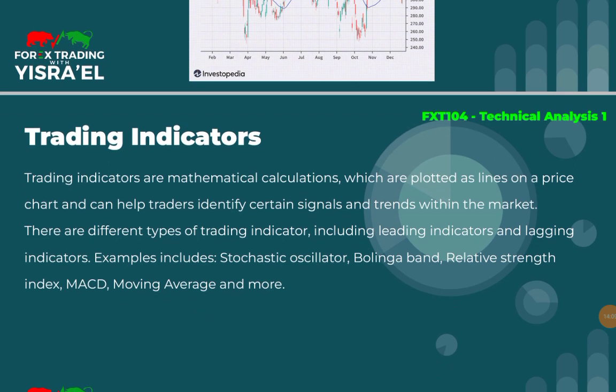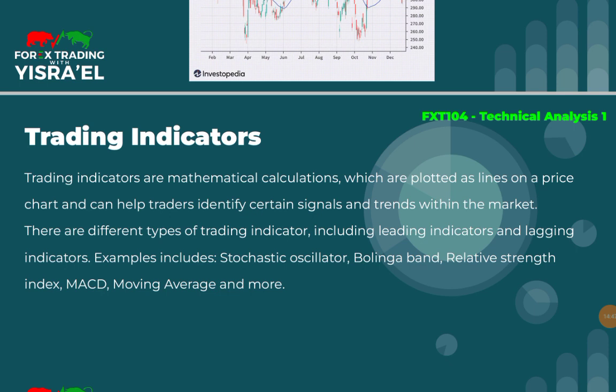All right, so now trading indicators, because you can always come back to this and check it again and again. Trading indicators are mathematical calculations which are plotted as lines on a price chart and can help traders identify certain signals and trends within the market. There are different types of trading indicators, including leading indicators and lagging indicators.